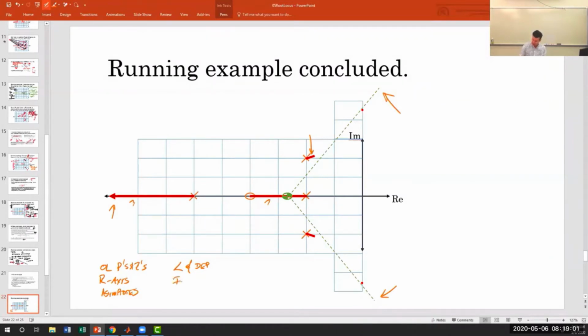Then we did the imaginary axis crossing, which gave us these 2 points, plus or minus 2.28j. And then we did the break analysis, breakaway or break-in, and that told us that there were none. So I can't actually draw an arrow to that because we showed that there weren't any breakaway or break-in points.